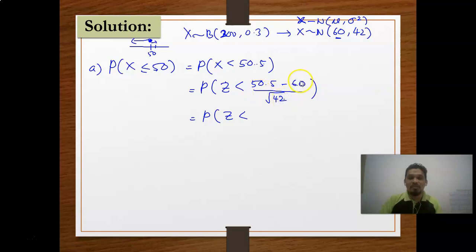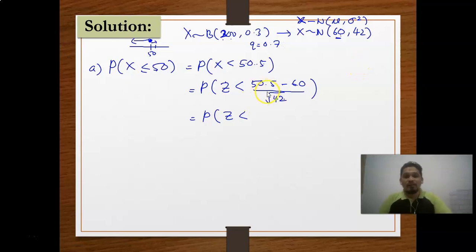The mean is the number of trials, 200, multiplied by 0.3, and the variance is the number of trials multiplied by p and multiplied by q, where q is 0.7.